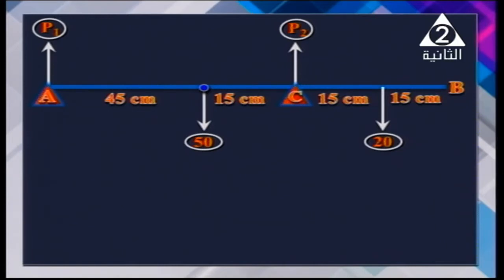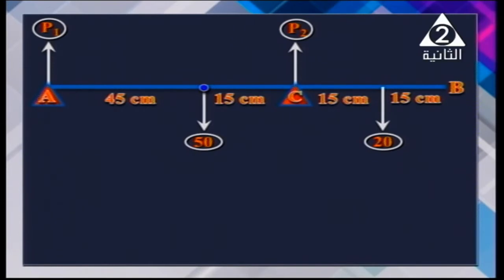The length of AB is the sum: 45 plus 15 plus 15 plus 15 equals 90 centimeters. We have two weights, 50 and 20 Newton: 50 at 45 centimeters from A, 20 Newton at B, 15 centimeters from C.